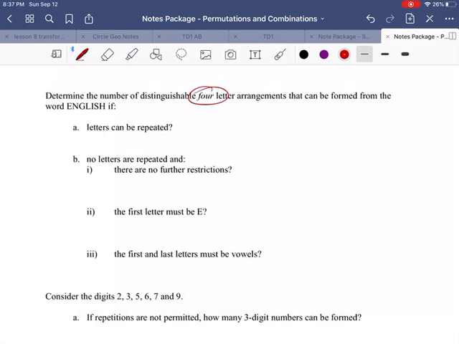We've got 4 spots where we need to pick a letter. There's 7 letters in total. For the first spot, we could pick any of the 7. For the second one, any of the 7. For the third one, any of the 7. And for the last one, any of the 7. If you multiply that all out, there's 2,401 four-letter arrangements from the word English.